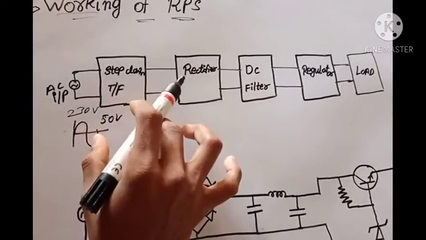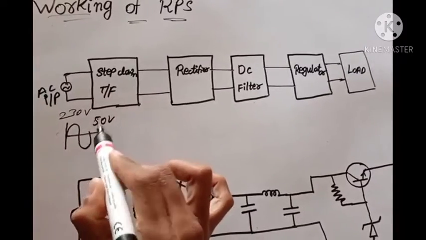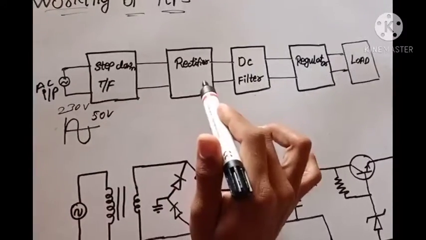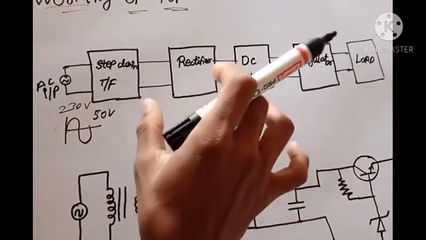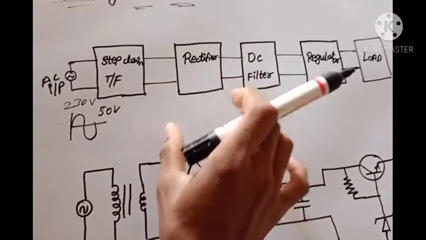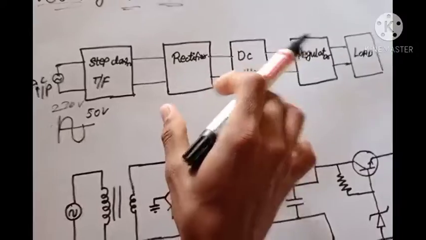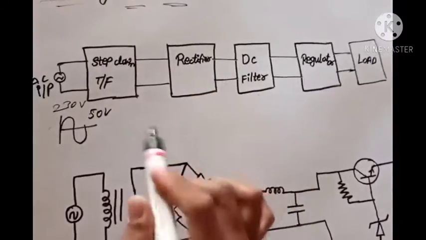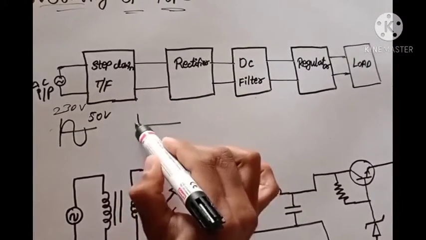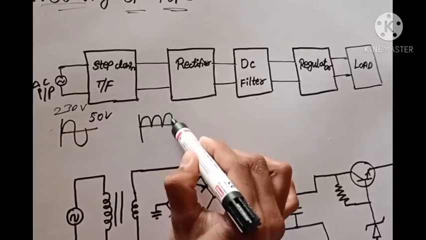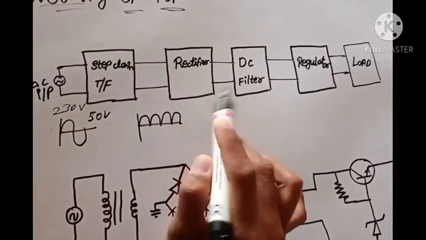So this 50 volts AC wave is rectified by a rectifier. Here we are using a full wave rectifier, bridge type full wave rectifier. So we know the output of a full wave rectifier is in the form of pulsating DC.